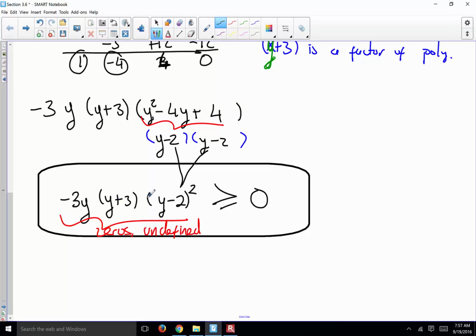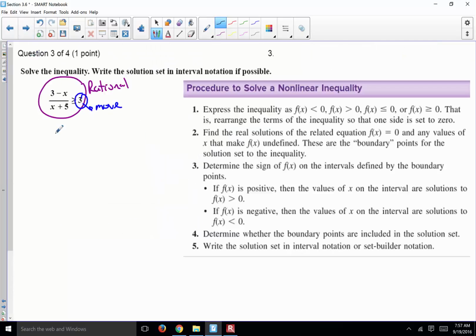Are there any values you insert in y that make this left side undefined? Anything? No. It's a polynomial. What's great about polynomials is their domain is the entire real line. Nothing bad about these. But when you come to this question, there will be some bad values that make the function undefined. So in this part, there will be some undefined values.